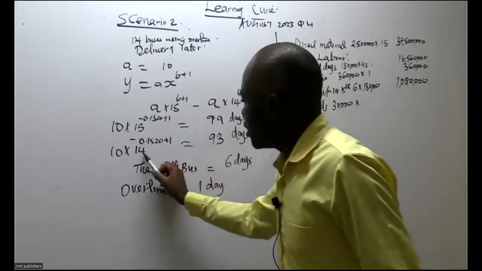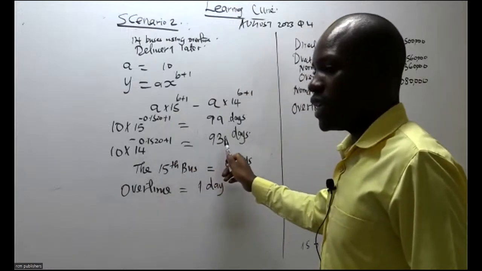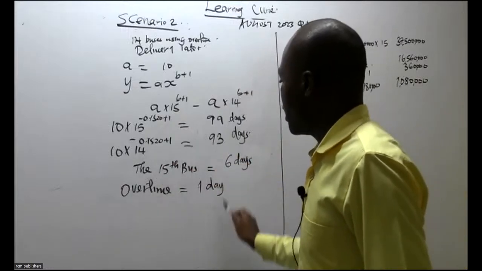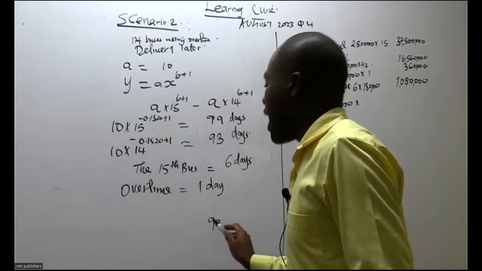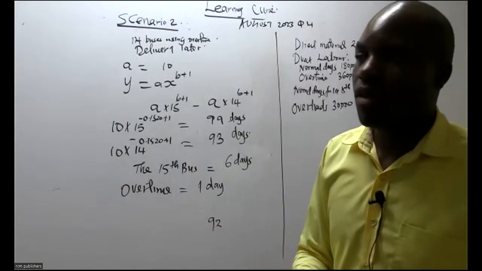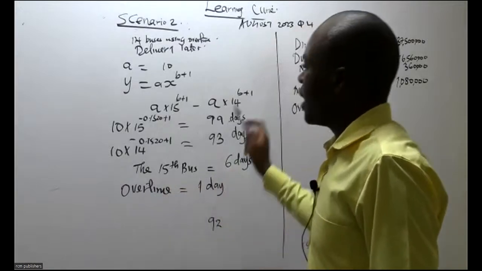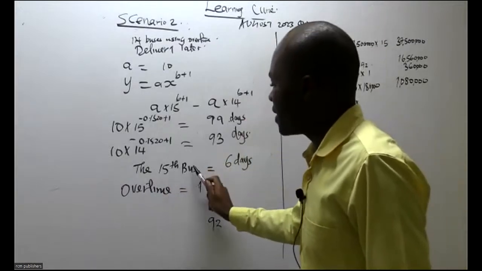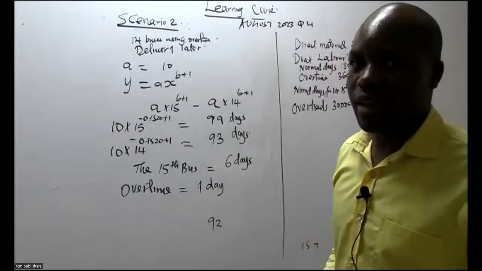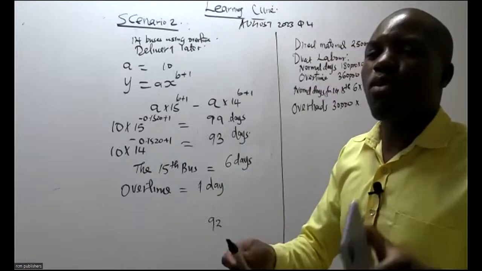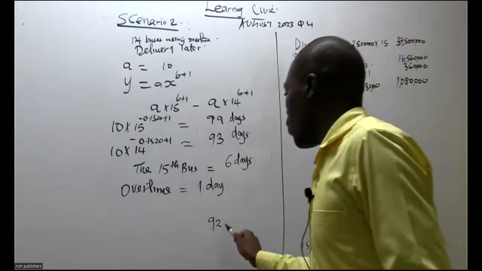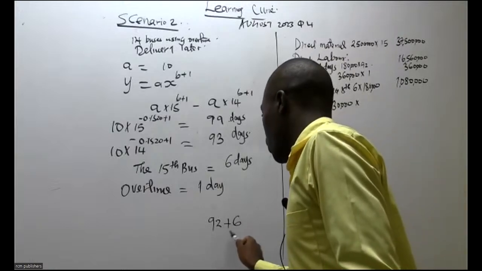The first 14 they produced within 93 days. Out of 93, 92 are normal working hours. One was the overtime. The last bus, the 15th bus, they took 6 days. And these 6 days were their normal working days. So how many days do we have in total?